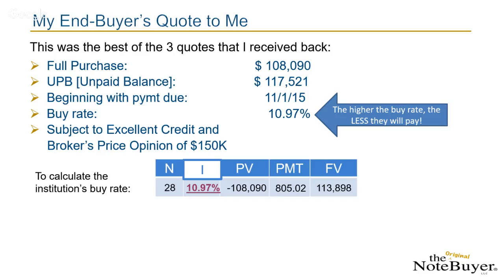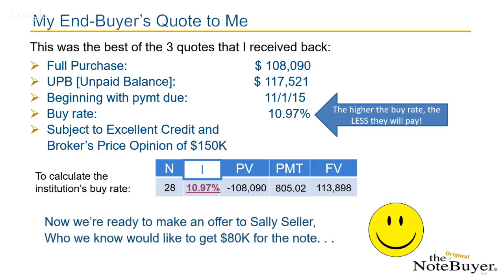Are you with me on that? Now, if you don't know how to use a calculator, just forget that I even said that, because the whole point of this example is to show you how you can do this without ever picking up your financial calculator.